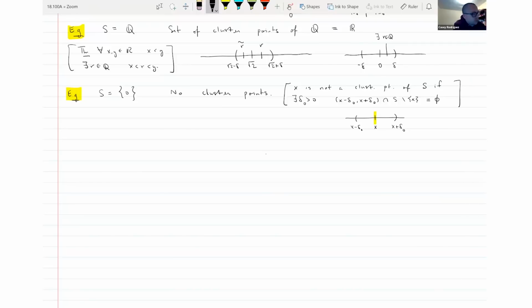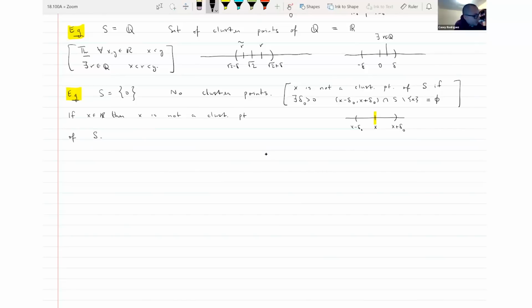All right, so let's use the negation of this definition to show that there are no cluster points. And we have to deal with two cases. We want to show, if X is in R and X is not a cluster point of S. And I'll just do the case X not equal to 0.